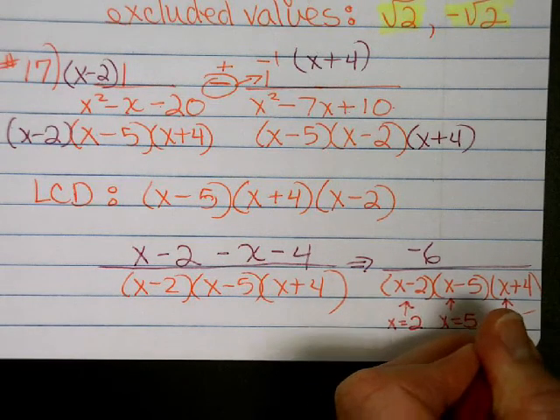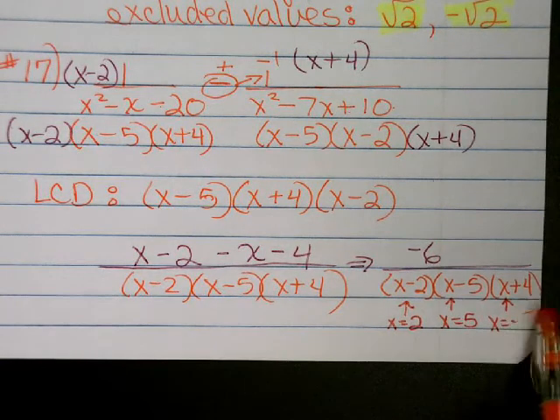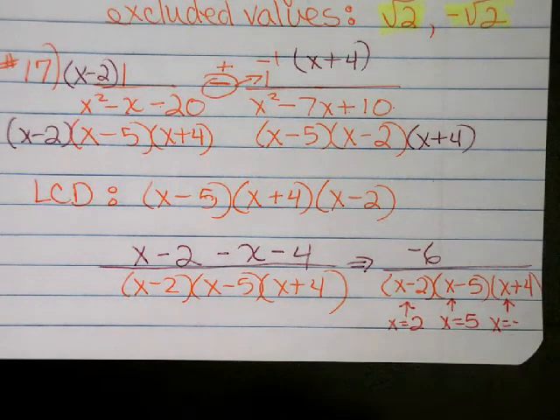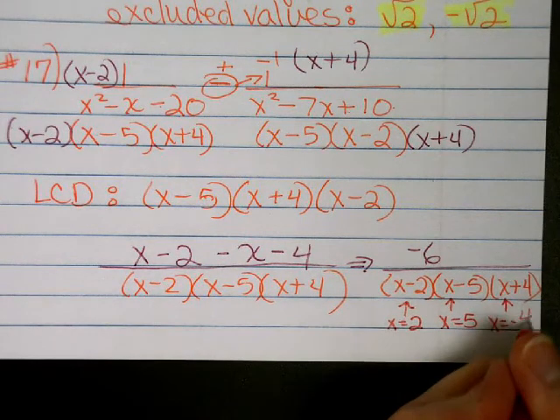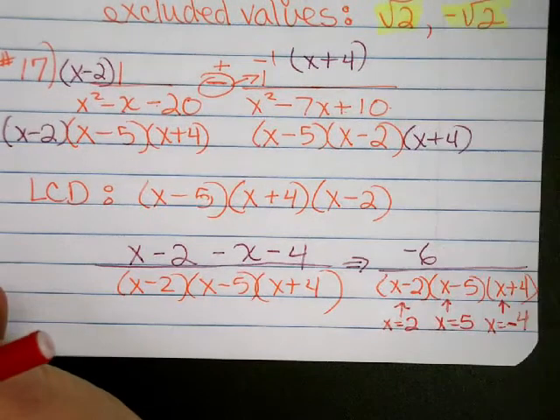And of course, we need our excluded values. That one is x equals 2. This one is x equals 5. And the last one is x equals negative 4.